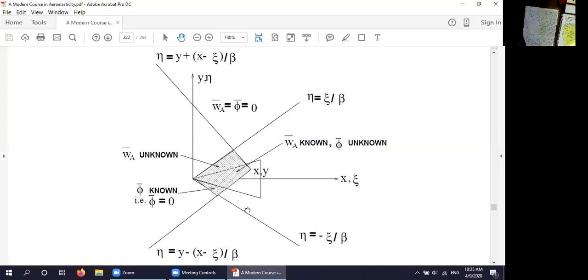What's happening down here cannot influence this point. What's happening up here cannot influence this point. On the other hand, note that what can influence this point includes this flow field region, for example, as well as the one below.